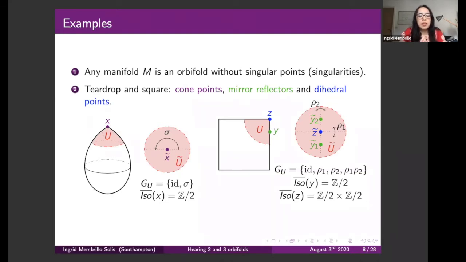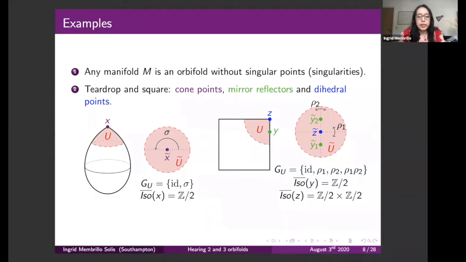In this case, we can take an open set around this point X, let's denote it U. We can locally model this neighborhood by taking, for instance, U tilde being an open ball in R squared, and letting the group Z2 act by rotations on this set.